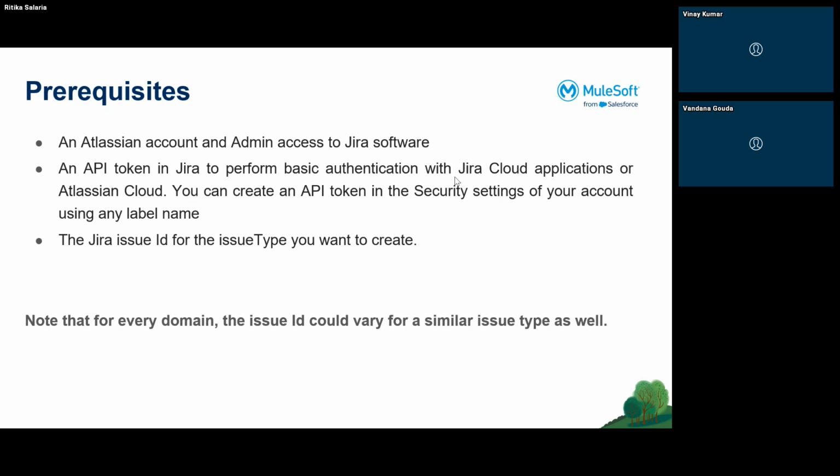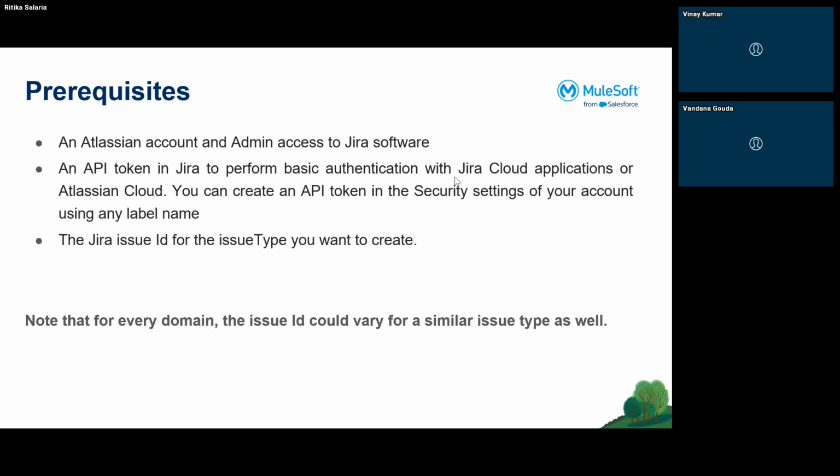Now, the third thing you will need is the Jira issue type ID. For every project in your Jira, if you want to create a bug, let's say, it will have an issue type ID that will be used to create an issue through your integration.